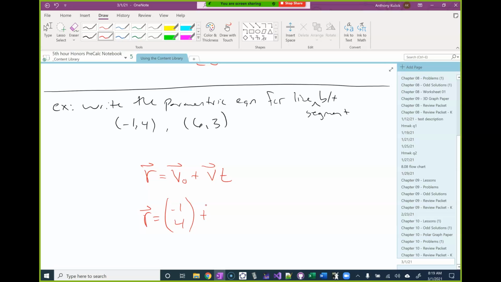So far, so good. What is the vector V representing? That's the slope vector. Everybody's okay there?